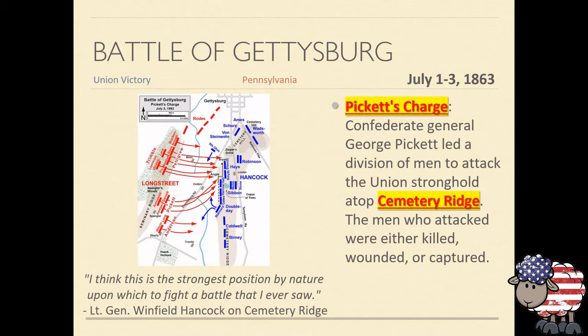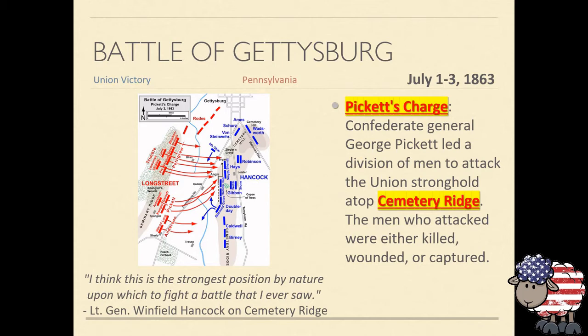So tactically, when you hold the high ground, the people down below, just like the Battle of Bull Run during the American Revolution, have to go against gravity up the hill. Now, General Winfield Hancock says that Cemetery Ridge was one of the strongest battle positions he ever saw. And so all of Pickett's men who charge up the hill are either killed, wounded, or captured.